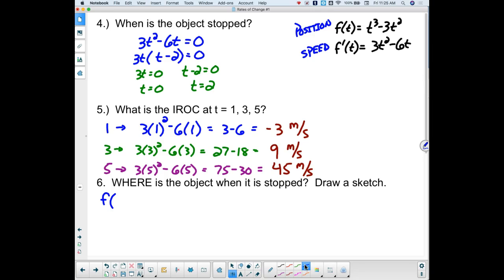So I would have to find f of 0. If I find f of 0, what do I get? 0, right?